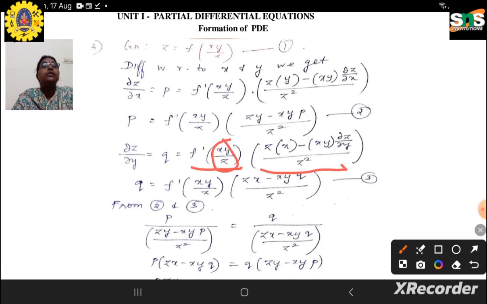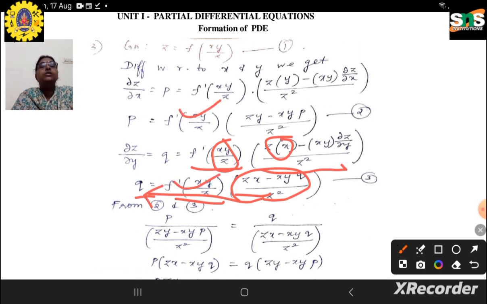Here only the changes appear: differentiating with respect to y, x is a constant and y is a variable, so we differentiate like that. So in the next line, q equal to f dash into this term. This term we take to the denominator and keep f dash alone.